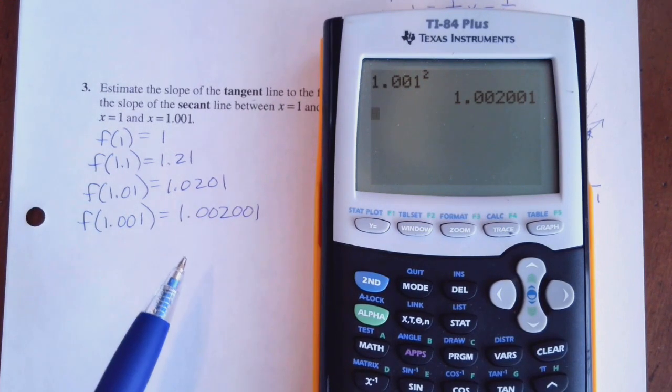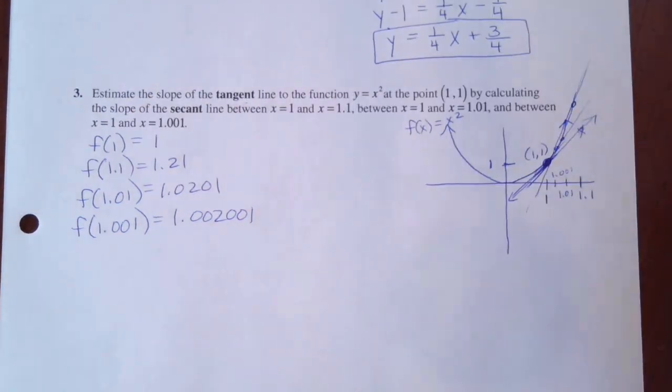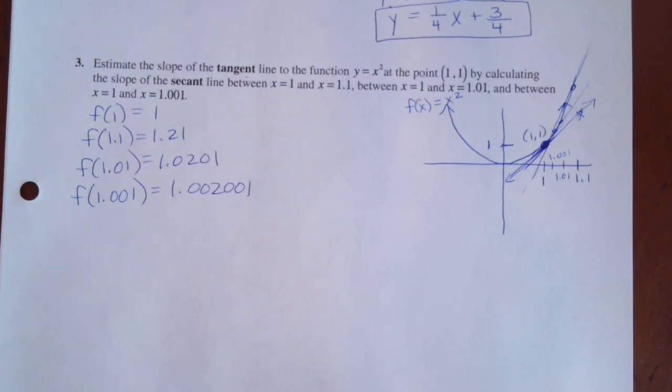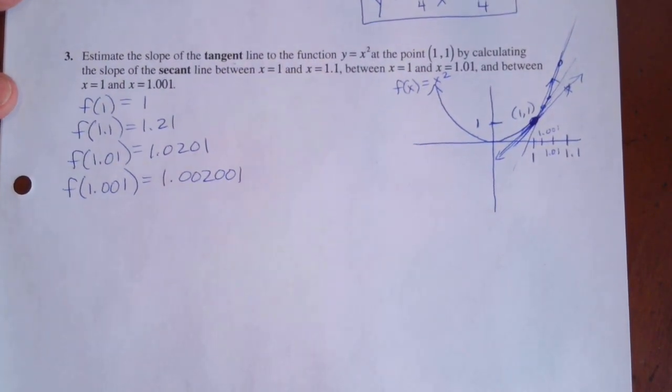So don't let it confuse you that I didn't write those down. Remember, WebWorK does not like you to round. You'll find that out if you round too much. It's going to tell you that you have the wrong answer. So I'm using the whole values just so that when you do your problem, if you have one like this, you will do the same.